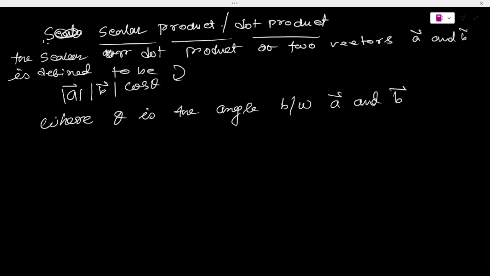So symbolically, A vector dot B vector is equal to modulus of A vector, modulus of B vector, cos theta.